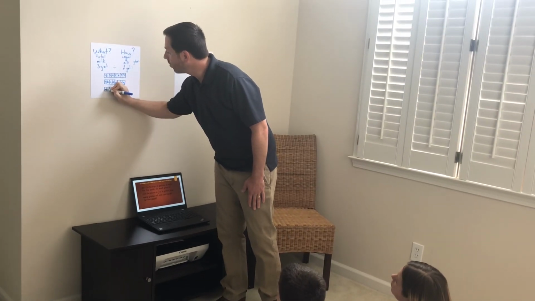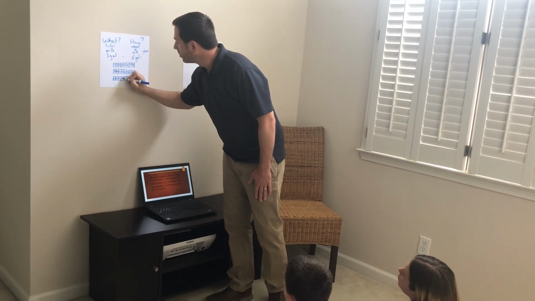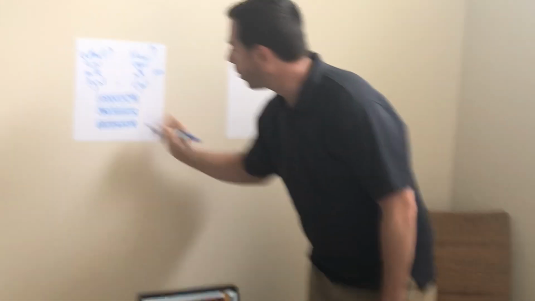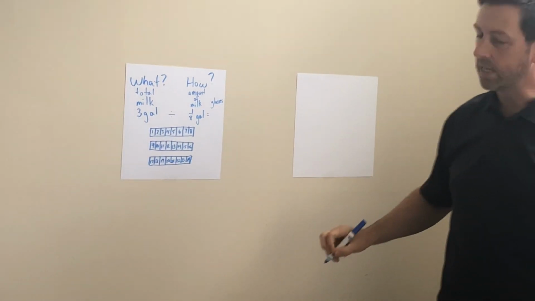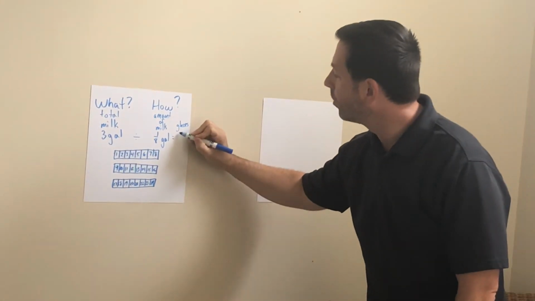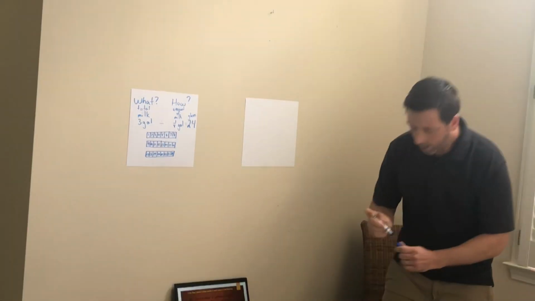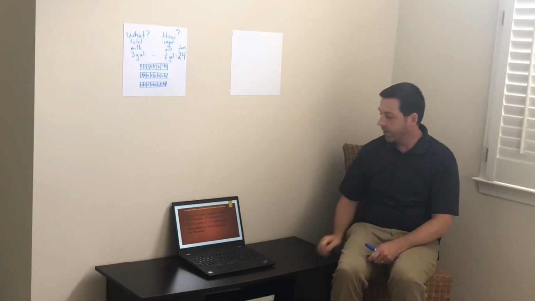So let's see how many 8ths there are. If I count them all up, there are 24 8ths. So if you take 3 gallons and divide into 1/8 size parts, you will be able to fill 24 glasses.